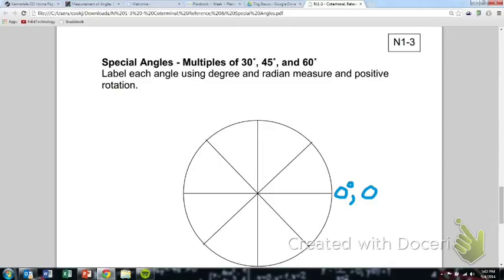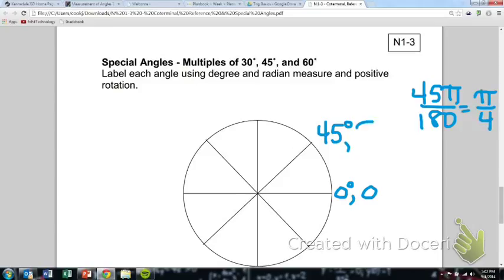And this circle we're going to show every 45 degrees. If you look, it's divided up into 8 slices. Each slice is halfway between your X and Y axis. So this one would be 45. And remember, 45, if you make it into radians, is going to be pi over 4 radians.